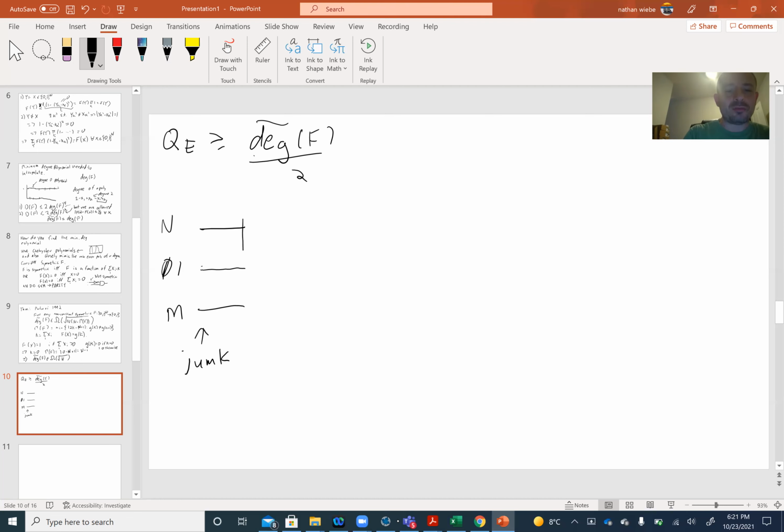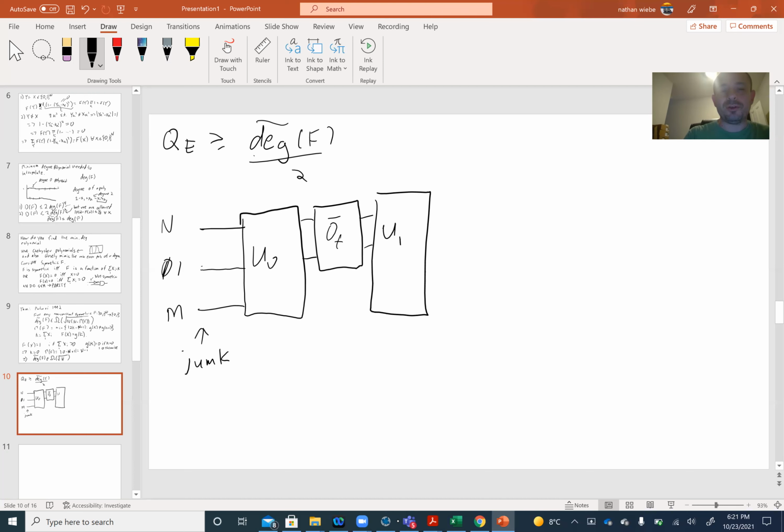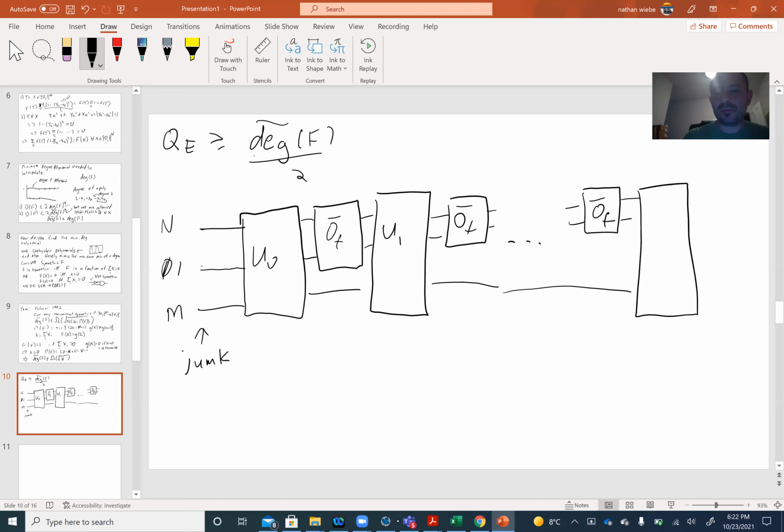So the way that this general algorithm goes is we'll allow it to do literally any unitary. And then after doing literally any unitary, we're then going to query our black box function. Then we're going to do literally any other unitary, and then we're going to query our black box function. Okay, we'll continue until we get to the end, when we're going to do O_F and then a final U_T over here.